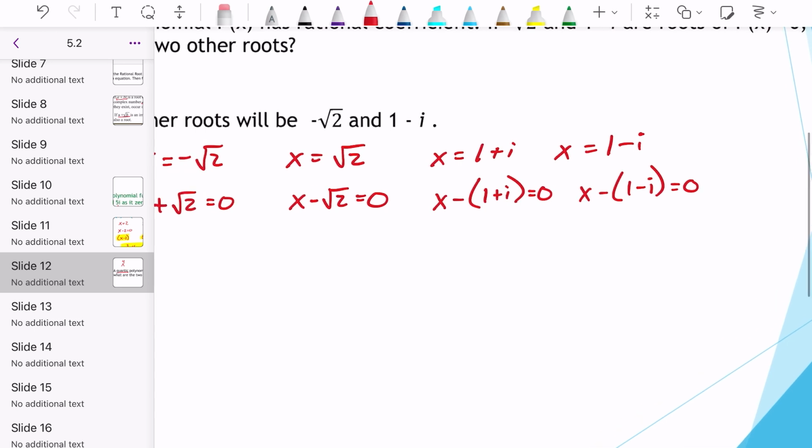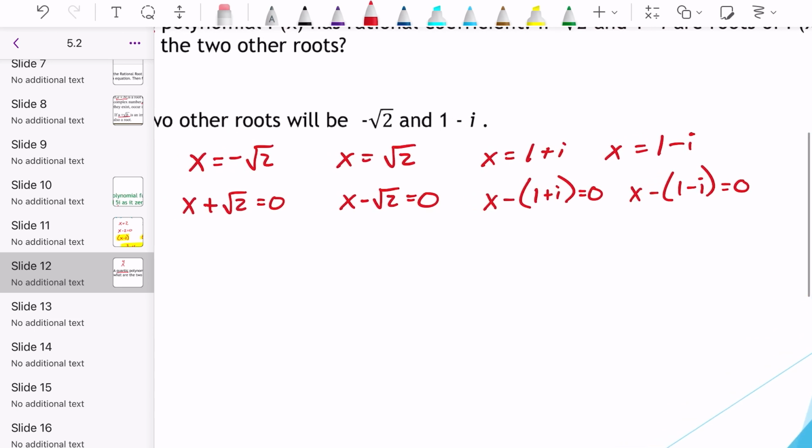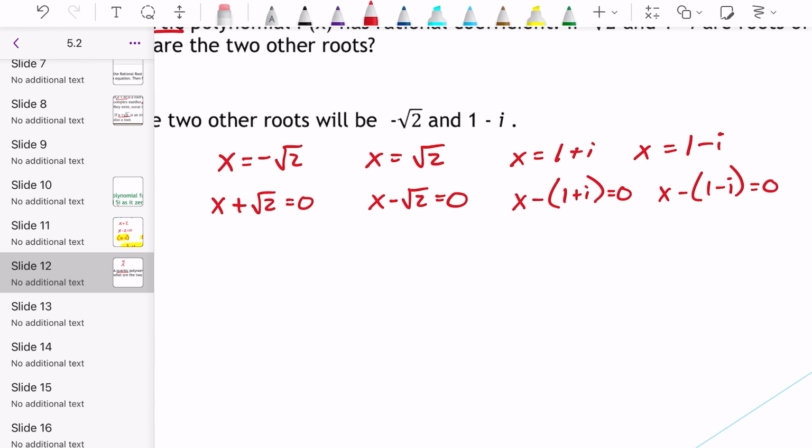By doing that, we would then have to go ahead and start finding the terms that we are going to multiply against each other. Now, before I had shown you a method of using substitution, but you also have the ability not to substitute in. In this case, when we are finding our function, we're going to multiply our terms, and that would give you x plus the square root of 2 times x minus the square root of 2 times.